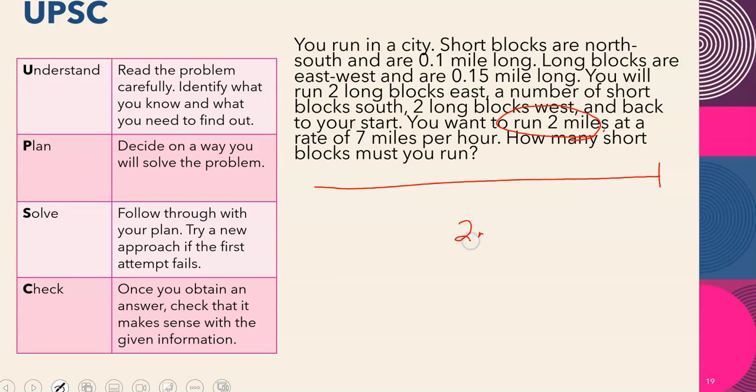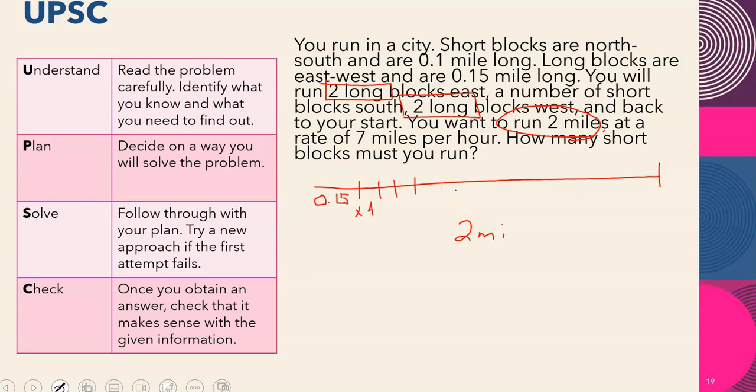So 2 miles is going to be our ultimate goal here. That's our total. We know we have a total of 4 long blocks, 2 here and 2 here, and each long block consists of 15/100ths of a mile. So we're going to do 15/100ths of a mile 4 times, essentially multiplying that by 4.